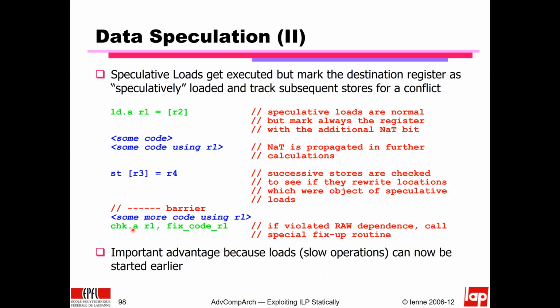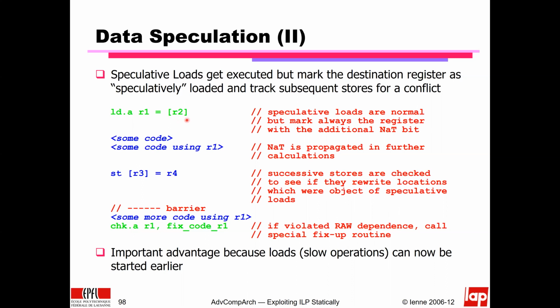Now, the question is, how do I compute this check? How does this check come about? I let you look at the details in the paper, but essentially, this is more complicated. It's not just that there is an exception and I take the fact that there is an exception and put it in one bit of R1. The point is, who puts something in this one bit of R1? Well, there has to be something in my processor that every time I have an advanced load says, okay, what is the address that we are reading?